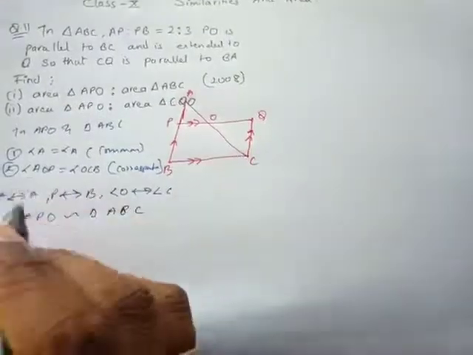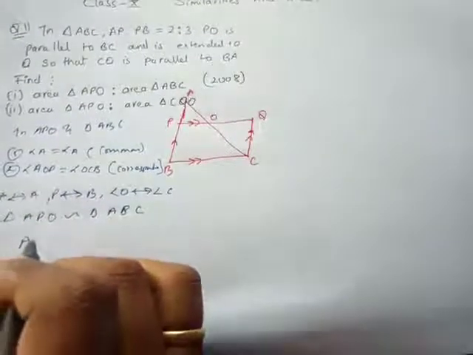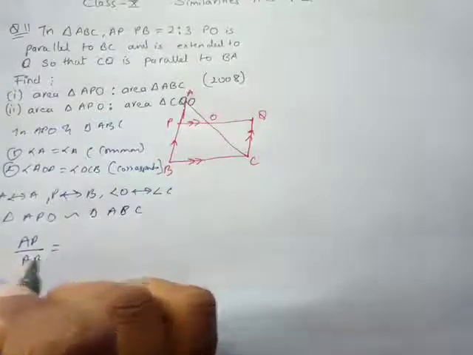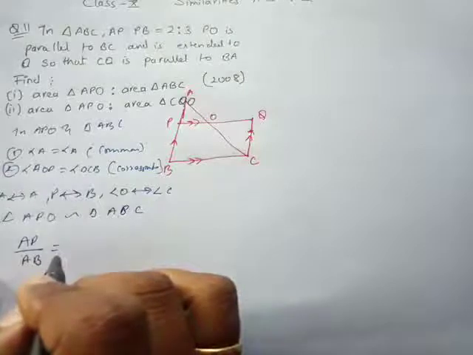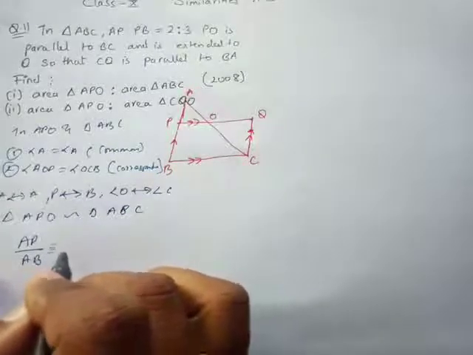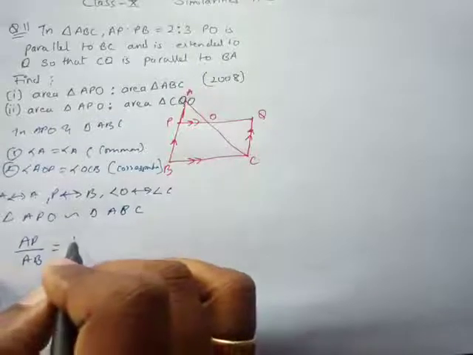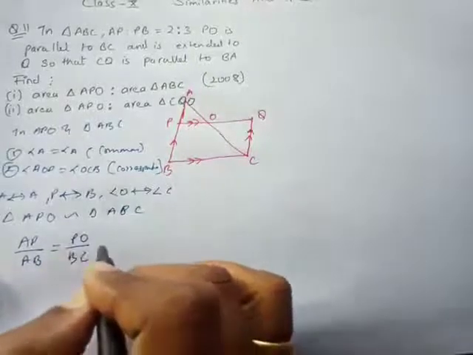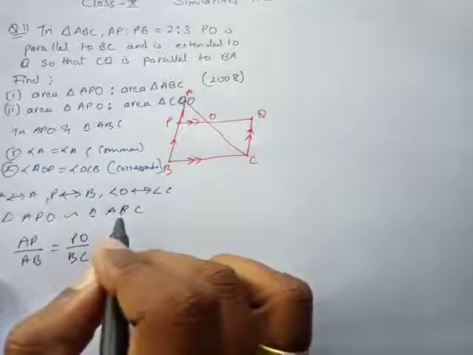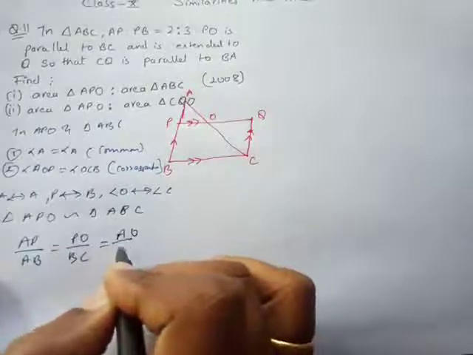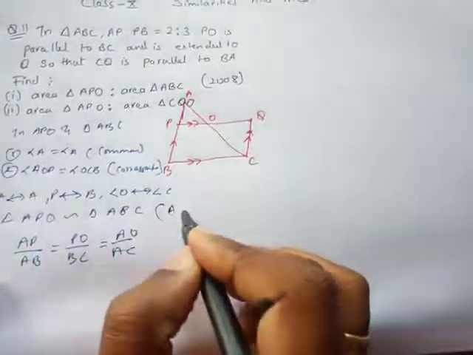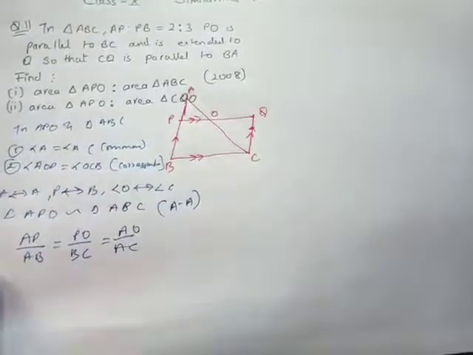And when I'm writing this, I can also write AP upon AB is equal to PO upon BC is equal to AO upon AC. This is because both the triangles are similar by the angle rule, so I can write this.